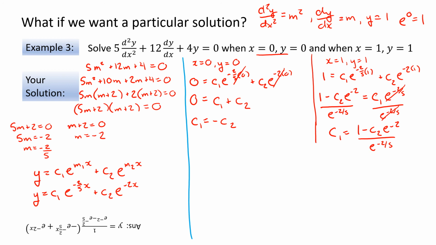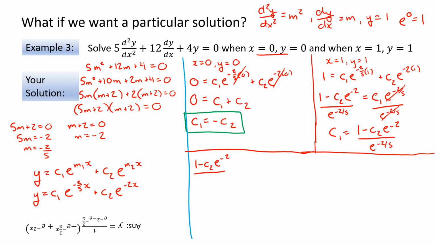So in this case, substituting it in, remember our original equation we had here, c1 is equal to negative c2. We'll substitute in for c1. I like to compartmentalize these so that you can follow along better. So we have 1 minus c2 e to the negative 2 divided by e to the negative 2 over 5, substituting in for c1 is equal to negative c2.